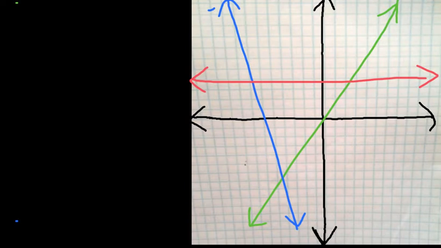But anyway, on the green line, we need to find some actual points where the line crosses the grid. So this one right here looks like a pretty good point. Let's use this point. And then right down here there's a point where it crosses. So we're going to use those two points. That's what you have to do first when you're using a graph to find slope.